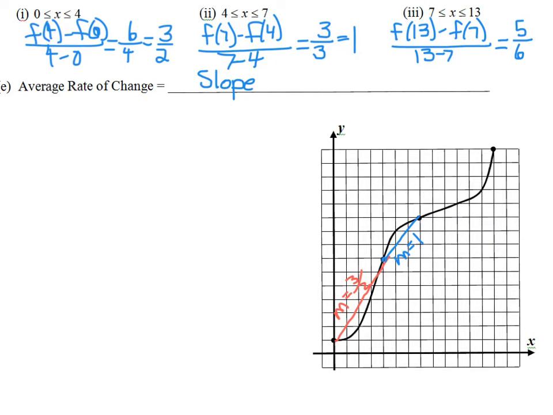Finish it off with the last interval from 7 to 13. So I'm going to connect this point to this point, and again, if I count that slope, I get exactly the same answer, up 5 over 6. So the average rate of change is seen on my graph as the slope of the line segment that connects the points on the interval.